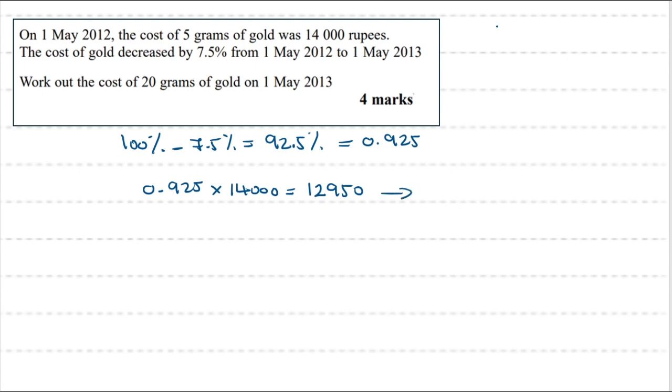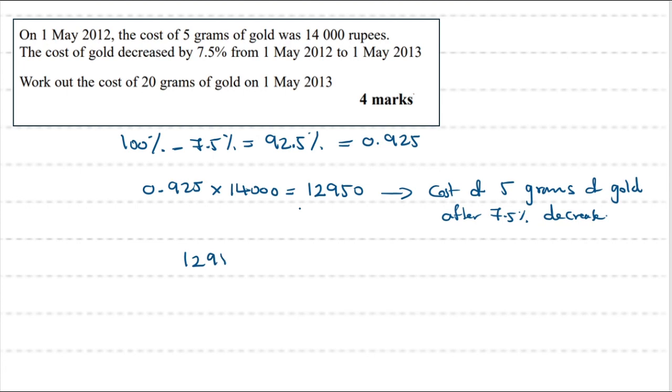And that's the cost of 5 grams of gold after the 7.5% decrease. But we want the cost of 20 grams, so we multiply that by 4. 12,950 times 4 is going to be 51,800.